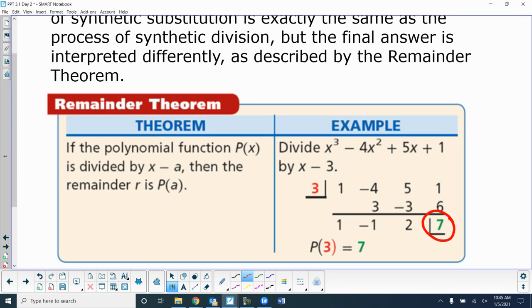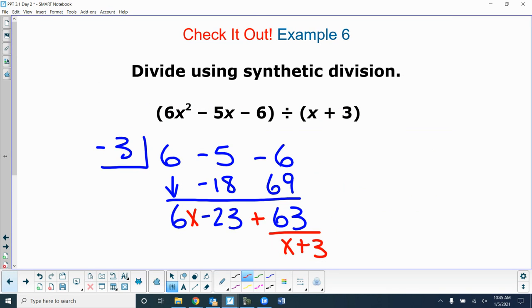So it's just a different way to evaluate a polynomial. It's just like substituting whatever's in the box in for x. But you don't have to. You can just do the synthetic division, and the remainder is the answer. You don't have to write all this out.